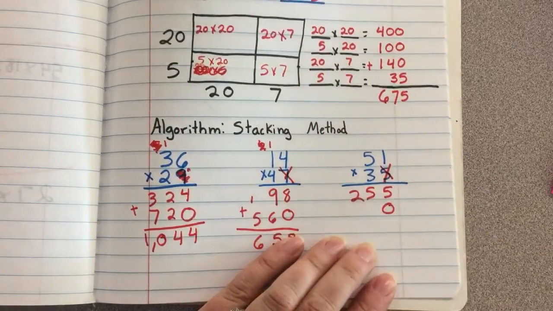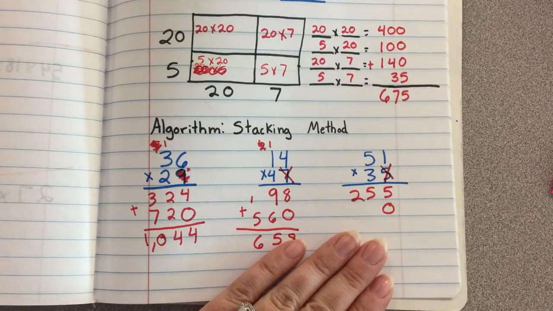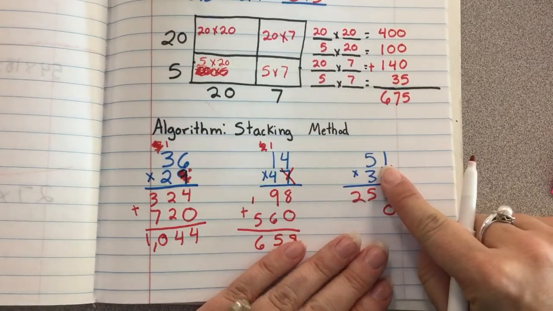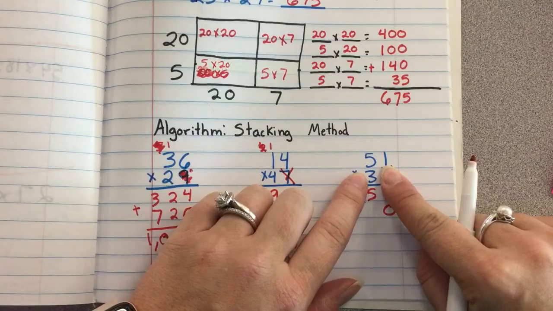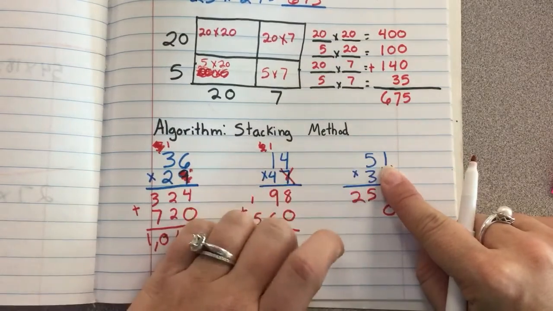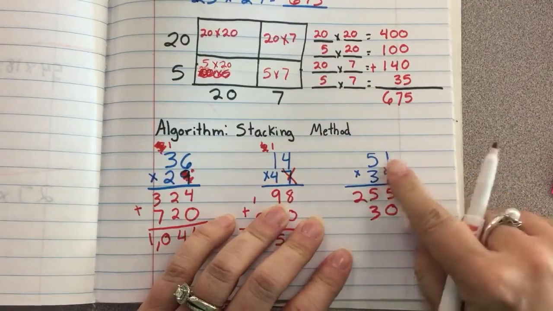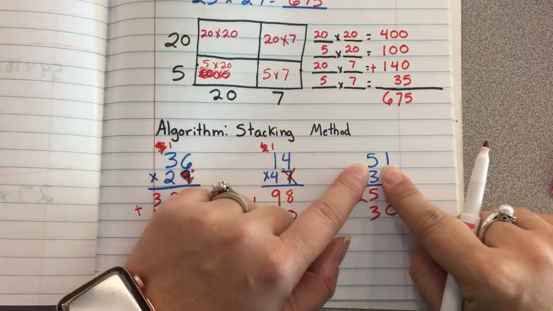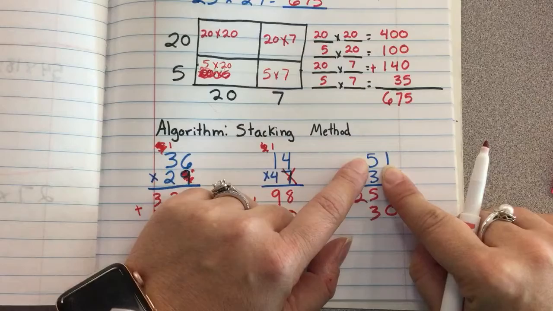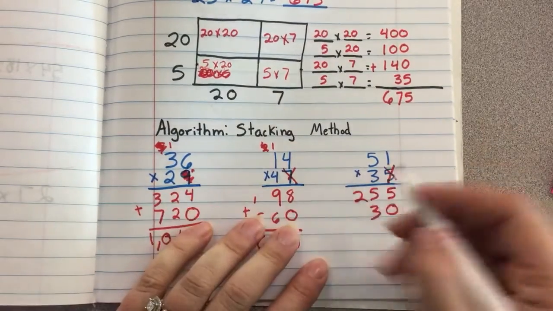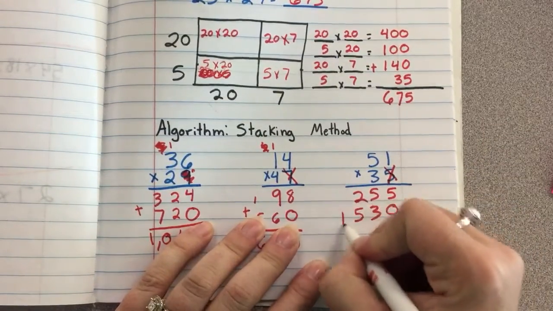Good. Then 3 times 5 is 15. Good. So 5 and then 1.